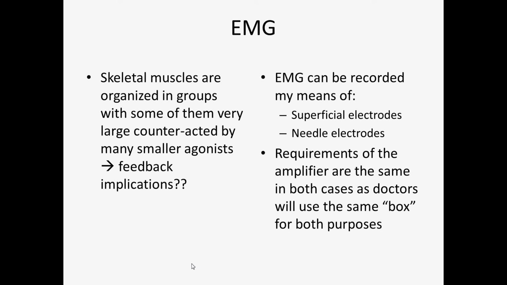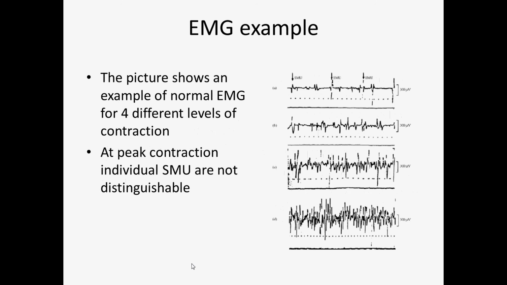Sometimes those needles are up to 20 centimeters in length. As scary as it looks, you won't feel them because those needles are very, very flexible and very, very thin. Or by connection of skin patches. In any case, the EMG looks like this.